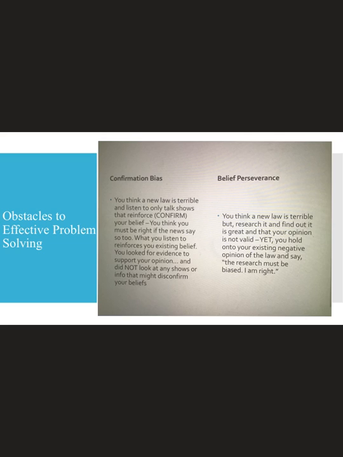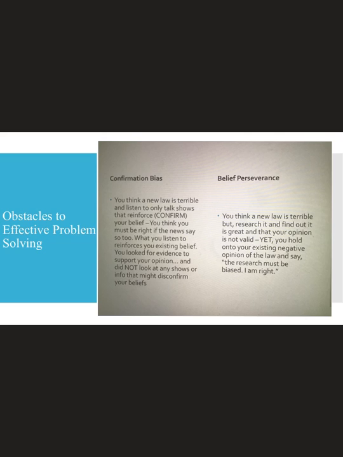You think you must be right if the news says so too. What you listen to reinforces your existing belief. You looked for evidence to support your opinion and did not look at any shows or info that might disconfirm your belief. Right?